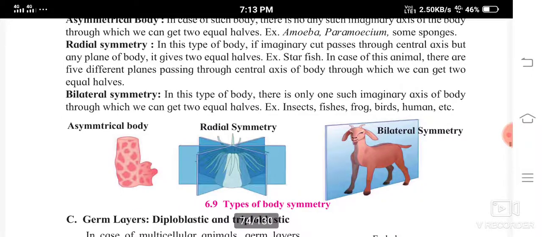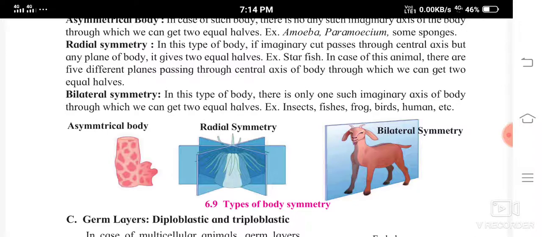That means through 5 different planes you can get two equal halves. So the example is starfish. In this type of body, an imaginary cut passes through the central axis, and any plane of the body is going to give you two equal halves.